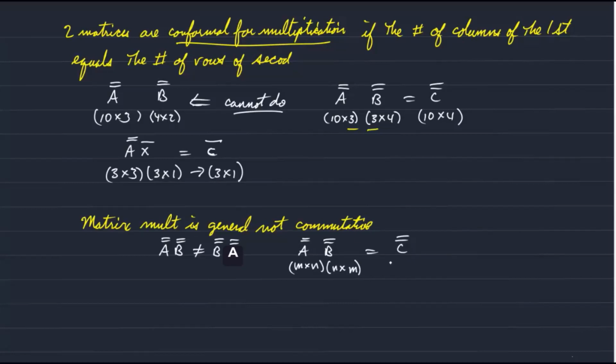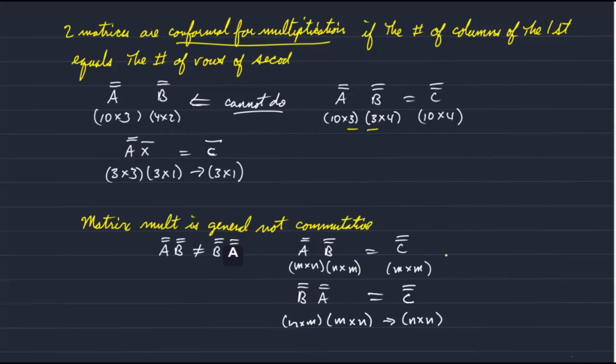And that gives an m by m matrix C. Whereas if we reverse the order of the matrix multiplication, we would have B, n by m, that's what B was, multiplied by an m by n matrix, which was A, and that would give a matrix C, which in this case was n by n.